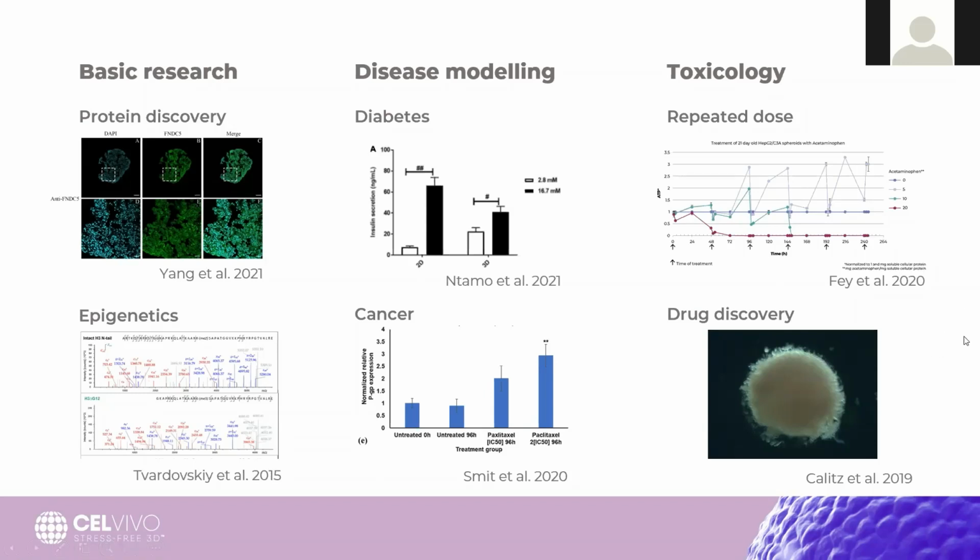But you can also repeatedly treat these spheroids or organoids with a drug and then look at the outcome. A situation that wasn't possible before because the cells would die. So you can study accumulated toxicity as well.